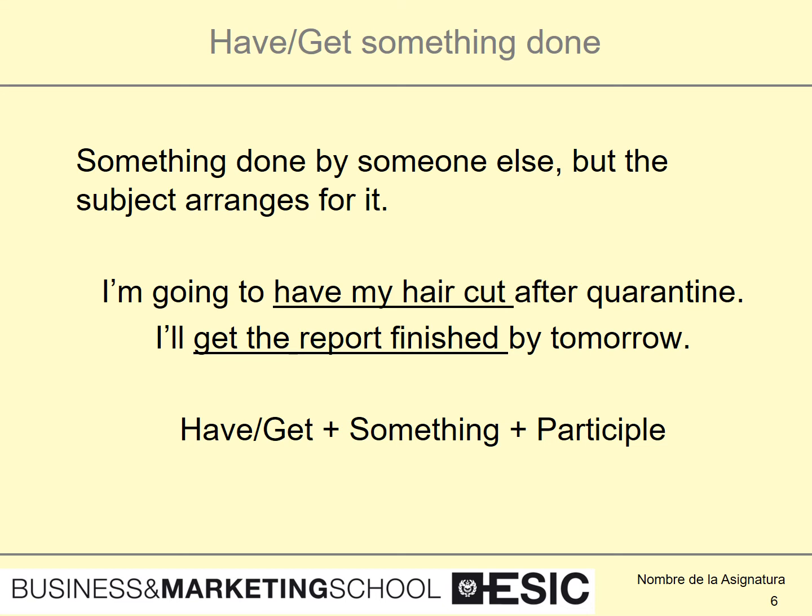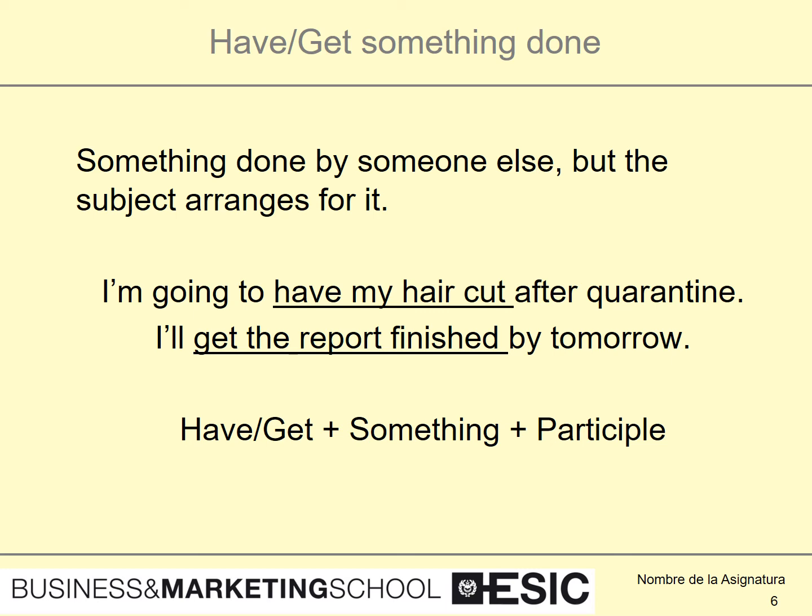When I say I'm going to have my hair cut after quarantine, totally necessary right now, I'm not going to cut it myself. I will go to the hairdresser and have it cut. Someone else is doing it, but I am the one arranging this.